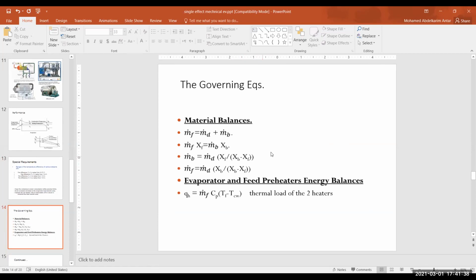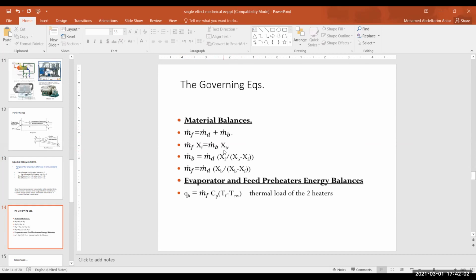We talked about the balance equation last time, the mass balance, which is always there in every conventional desalination system, that the feed is being split into desalinated water and rejected brine. Salinity of the distillate is 0, so that when you write the salinity balance, then M dot F XF is M dot B XB.